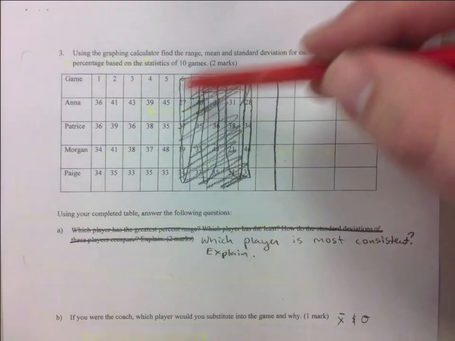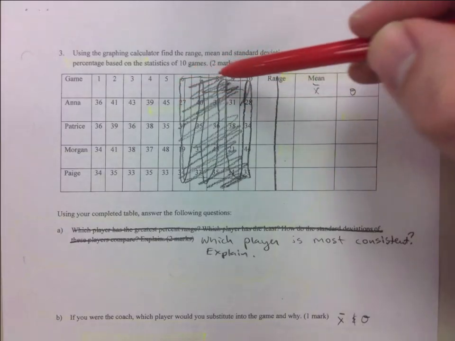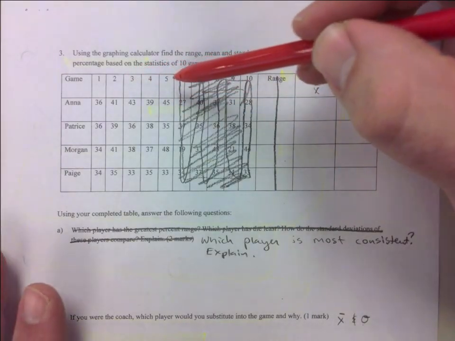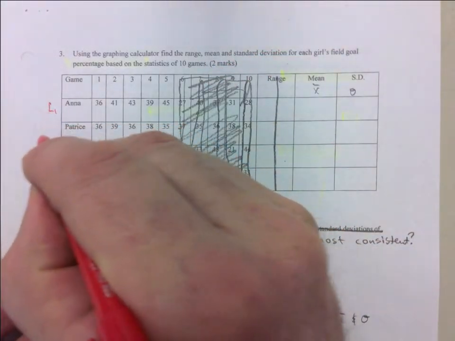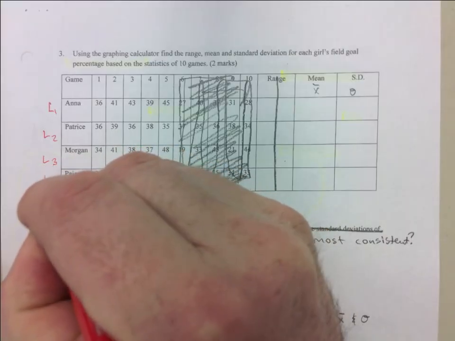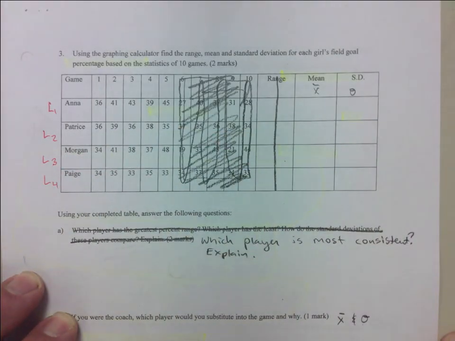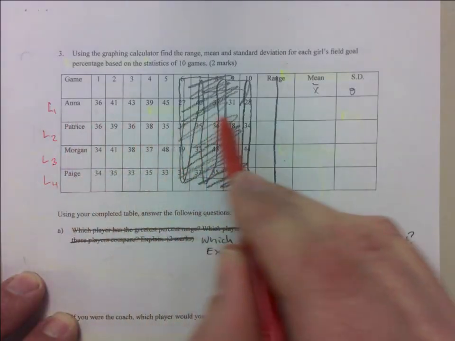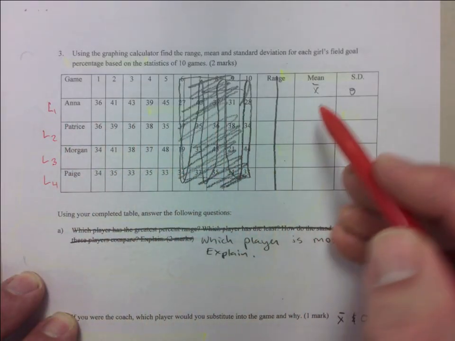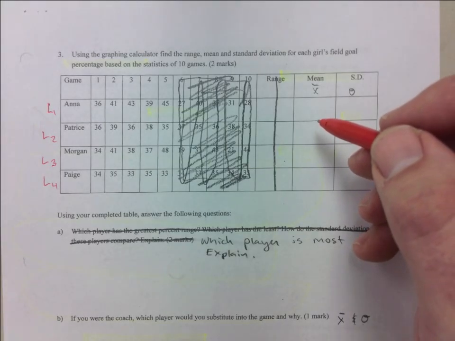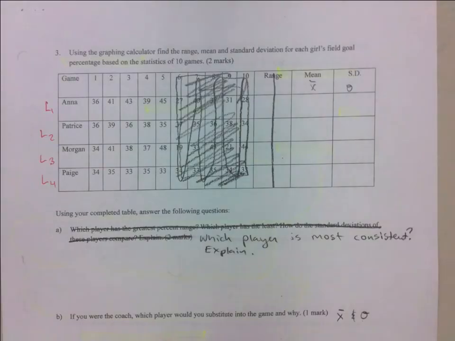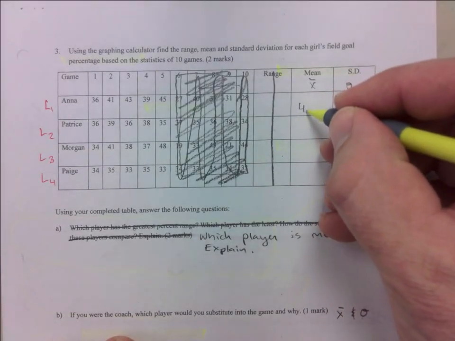So we got rid of these, we only consider games 1 to 5. If you type this into L1, L2, right? So technically, I would suggest you show a bit of a trail, and then you do one variable stats using L1. The mean should be, and please correct me if I'm wrong. I'm not going to use pen because I know that I may have typed something in wrong.